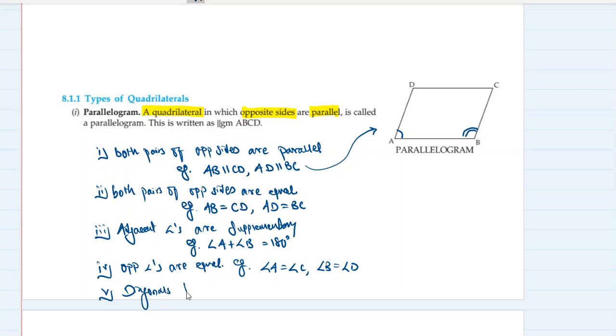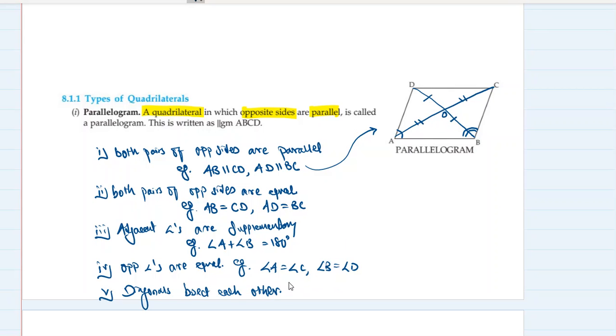Fifth property, diagonals bisect each other. Diagonals of a parallelogram bisect each other. So if you join BD and if you join AC, let me join it properly, they will intersect at point O. So OB is equal to OD and OC is equal to OA.